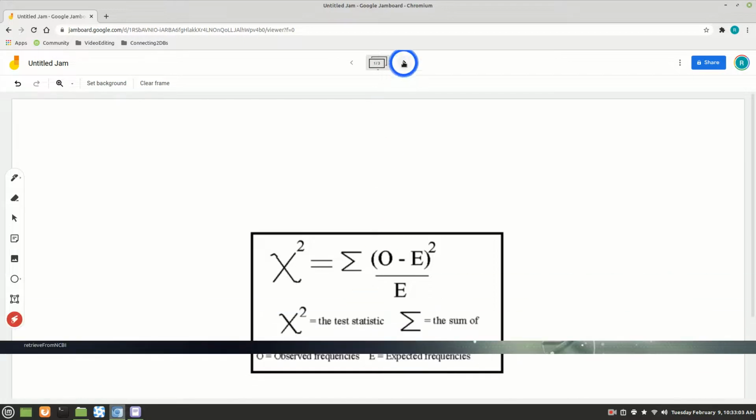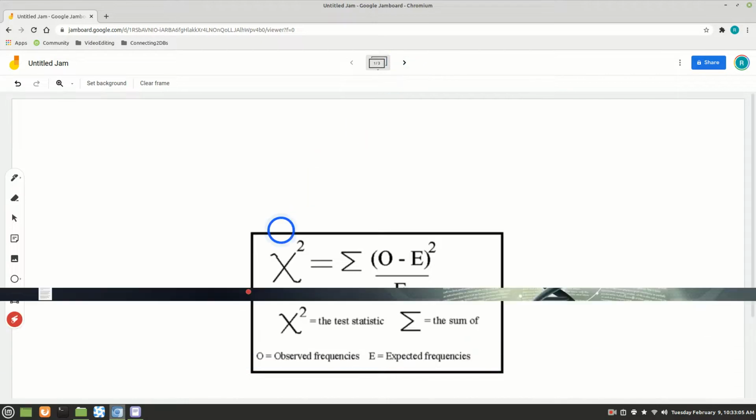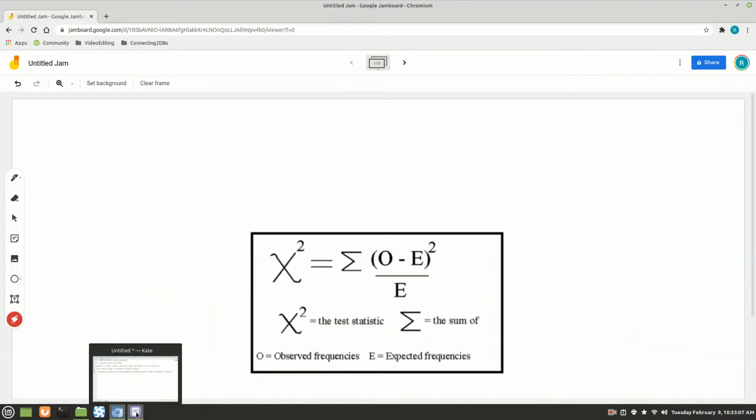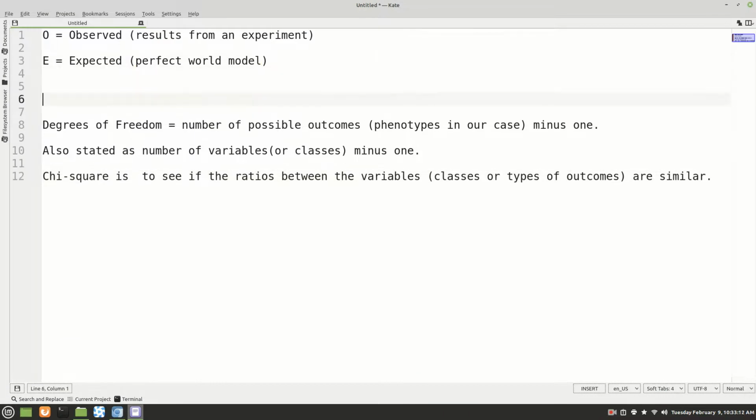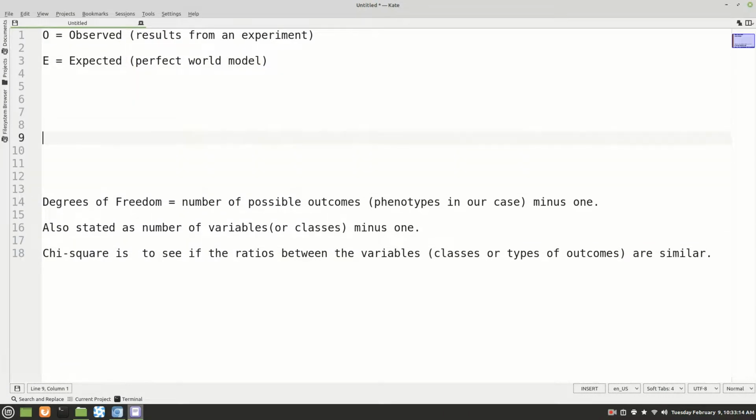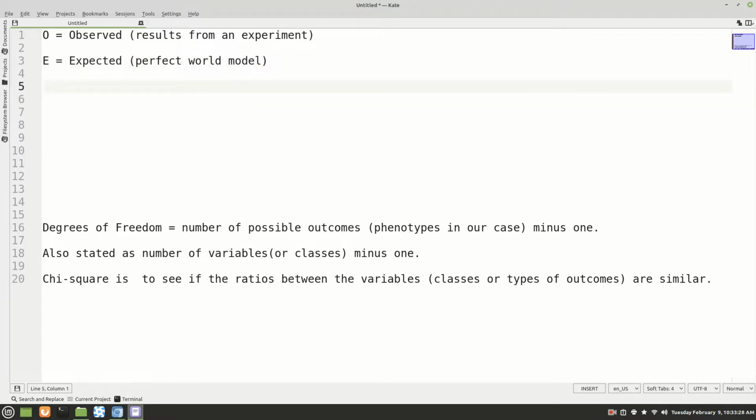So let's move on a little more and do a little experiment here. We understand the observed now, the results from our experiment, and the expected is a perfect world. Let's say we are expecting a 3 to 1 ratio.